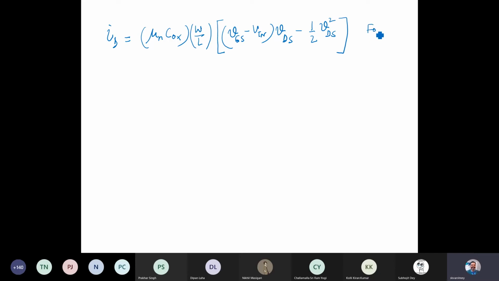That's for the triode region. So we can simplify it a little bit because of a factor of 2.